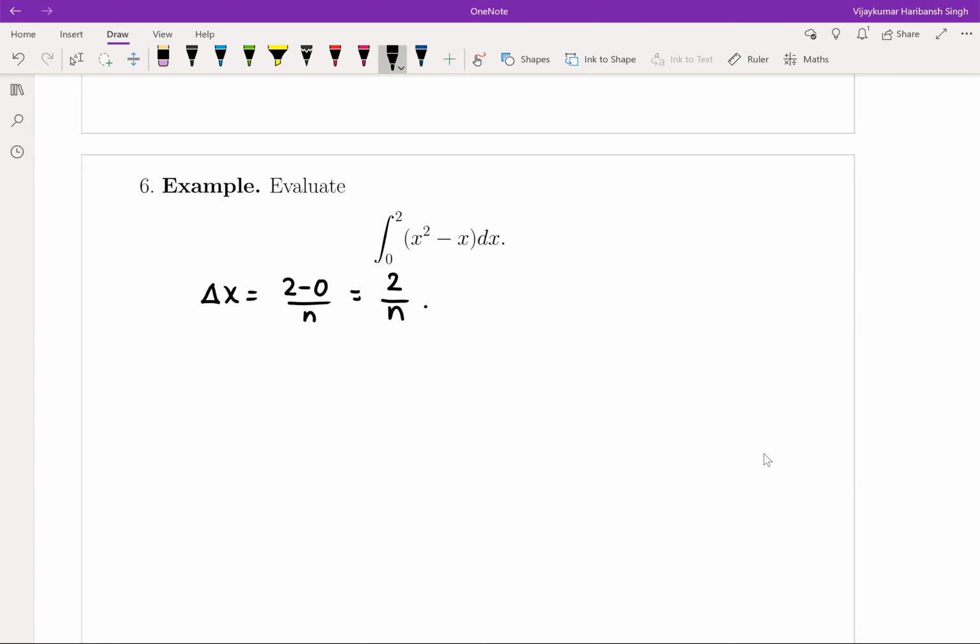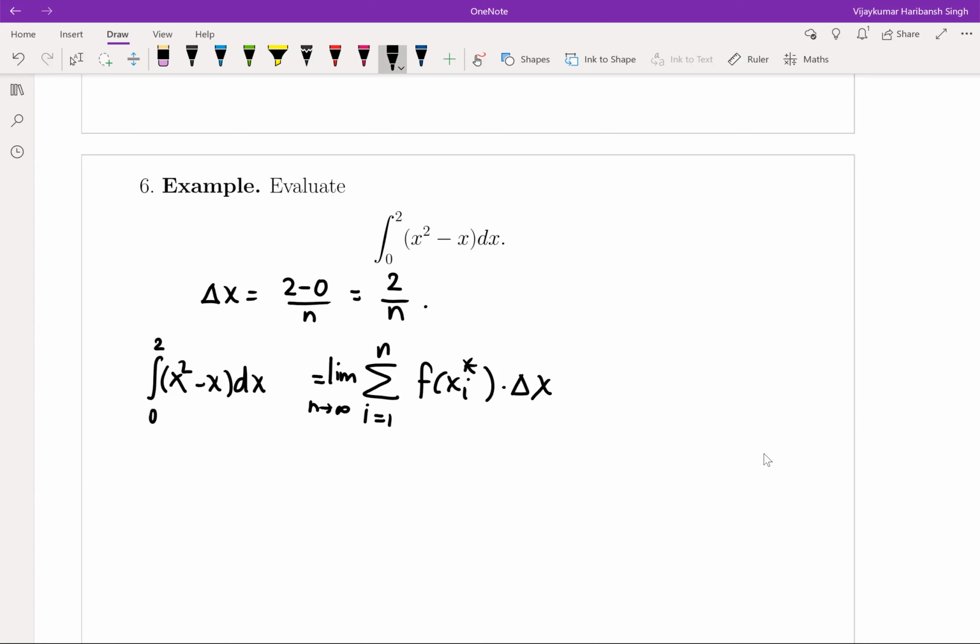Now, what is my integral? The integral from 0 to 2 of x squared minus x dx is going to be the summation i going from 1 to n of f(xi star) delta x, and then you're taking the limit as n goes to infinity.